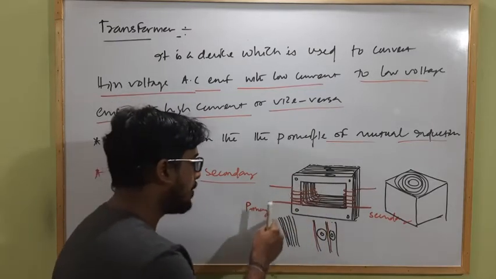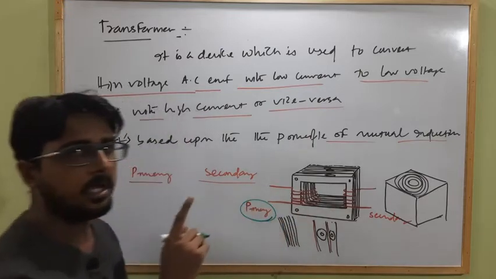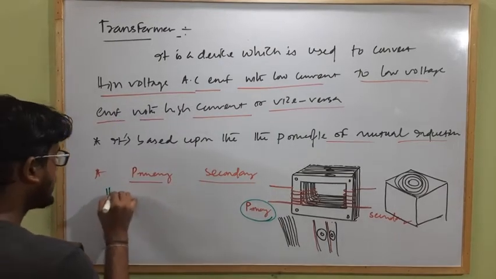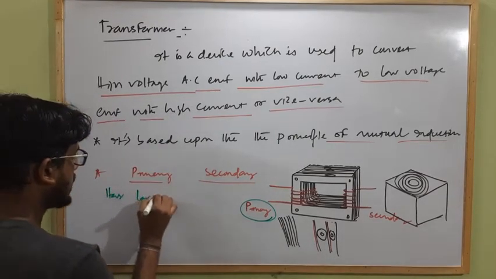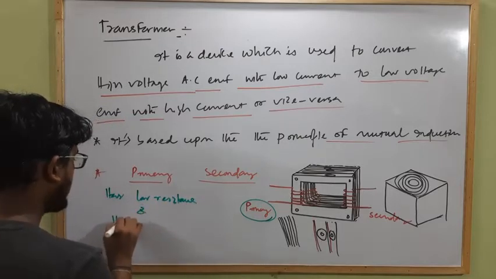Clear? And the primary coil and secondary coil are made of copper wire, and in such a way that the primary coil has low resistance and high inductance.